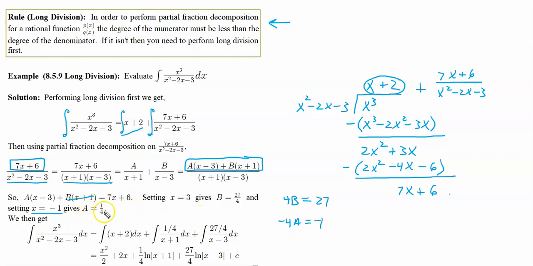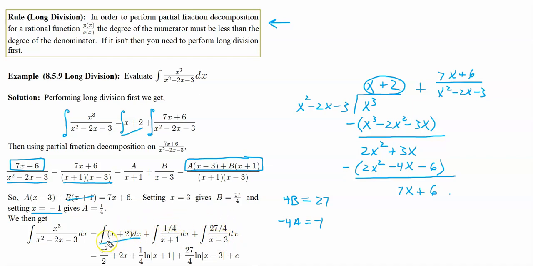So there you go. We now have then that the integral of what we originally wanted to evaluate is equal to the integral of x plus 2 plus the integral of 1/4 over x plus 1 plus the integral of 27 over 4 divided by x minus 3.